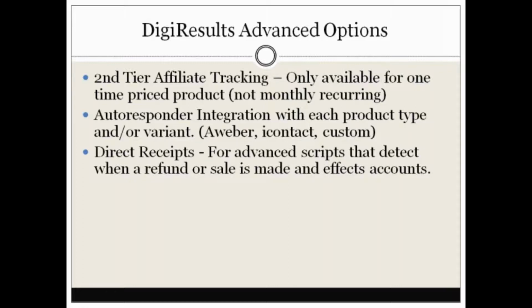But of course, we're not going to really cover this in this specific video series unless you're going to use some sort of advanced script. You'll need to see DigiResults help database for more information. I'll show you where to get help for this type of advanced options.